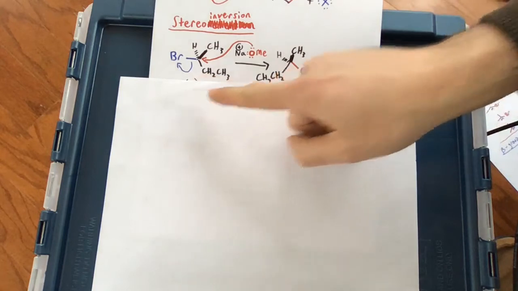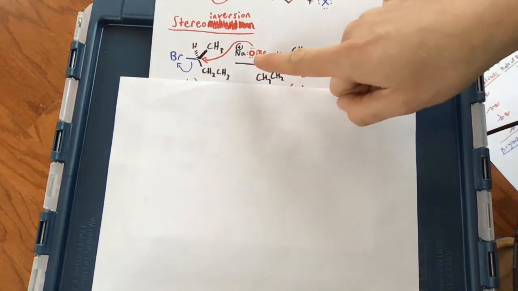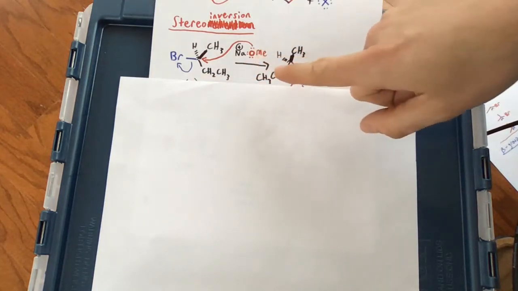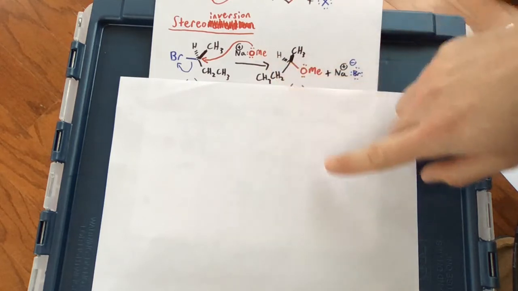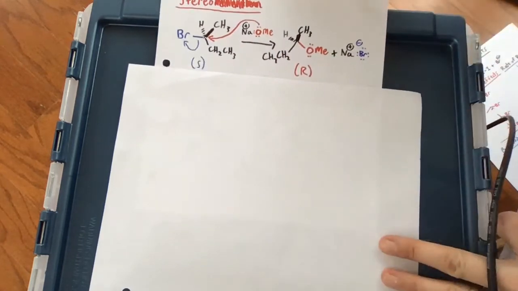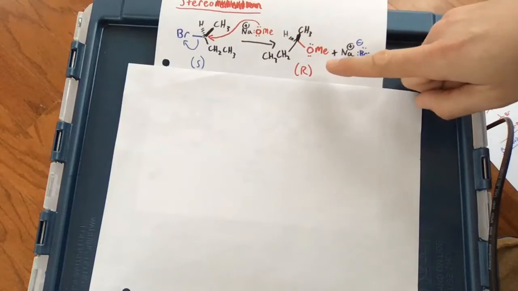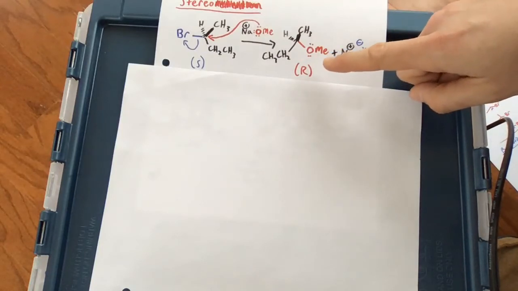If you react that with sodium methoxide as shown, you can actually have full inversion of stereochemistry to give you the R-2-bromobutane as shown, because you always have attack that happens on the other side of the bromide. So whereas before this ethyl group was kind of on the right here, now after attack it gets moved over to the left, which inverts the stereochemistry.